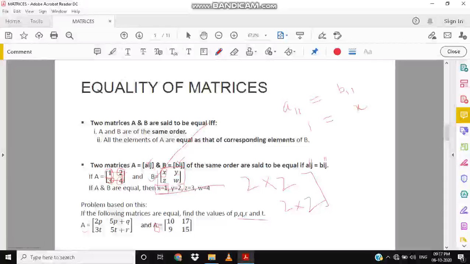You got to equate the first element of A with the first element of B. Then the second element of A will be equated to the second element of B. Then similarly the third element of A will be equated to the third element of B, and the fourth element of A will be equated to the fourth element of B. And this way you will be getting four linear equations, right? And you know how to solve linear equations. You will be substituting whatever values you get of P in another equation, and this is how you will get the answer for P, Q, R, and T. Okay.